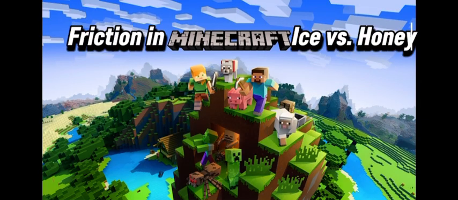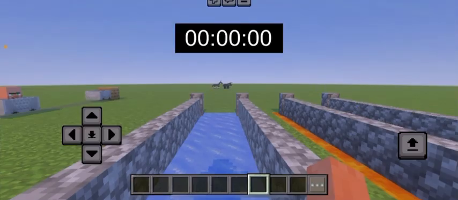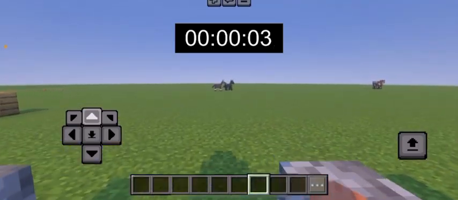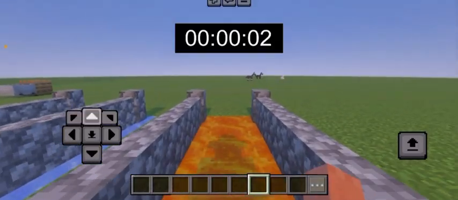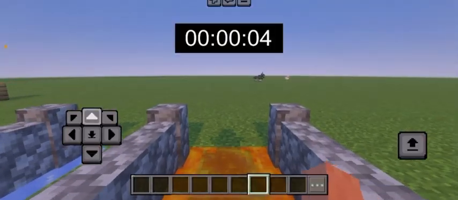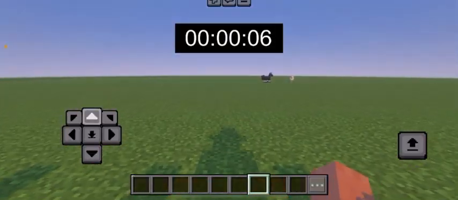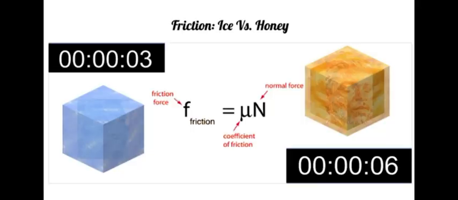Alright, our next topic is friction, and we are demonstrating this in Minecraft by walking on ice versus walking on honey. As you can see, the ice block has less friction than the honey block because it took more time to travel the same distance.